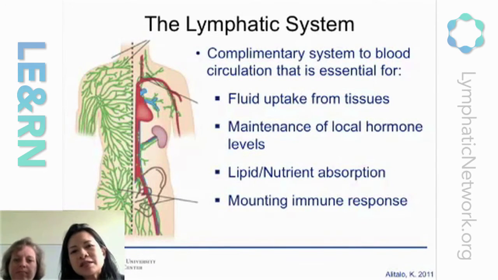The lymphatic system is part of the circulatory system, and it is almost an orphan in the circulatory system. Everybody learns about the arteries, the veins, and the capillaries back in high school biology, but the lymphatic system is rarely mentioned at that time. It is a system that is complementary to the blood circulation, and it actually has a lot of very important functions.